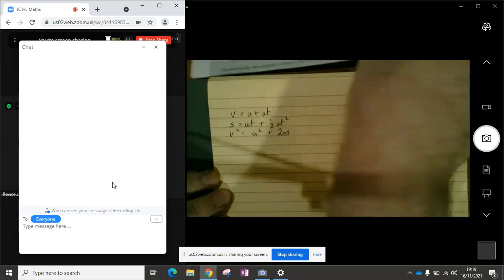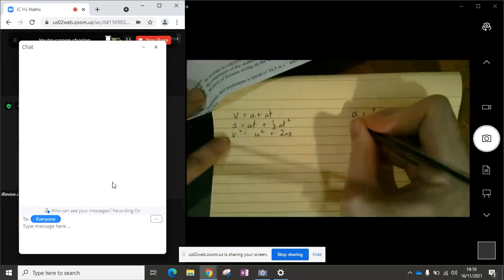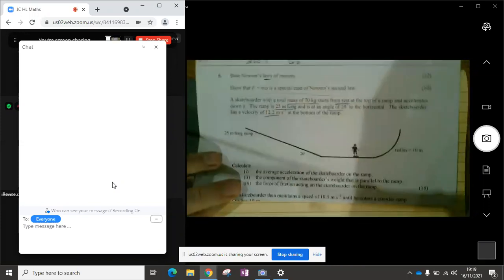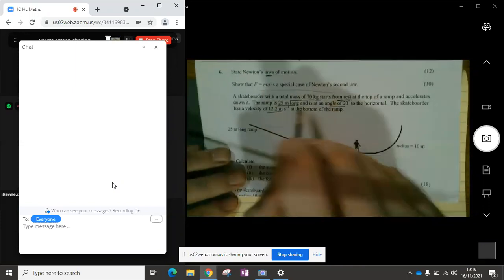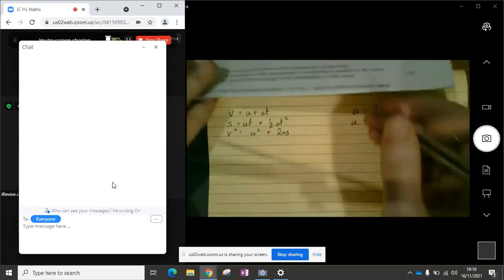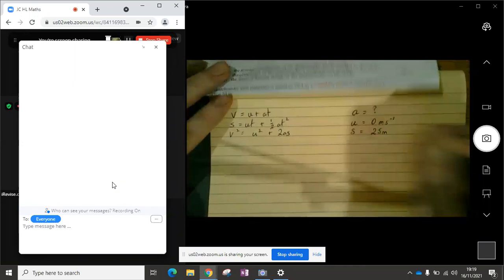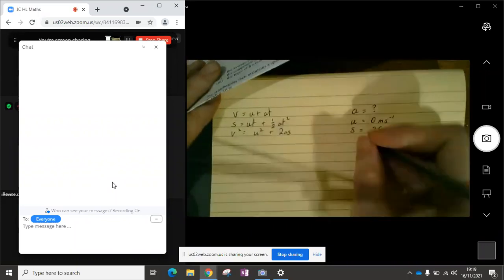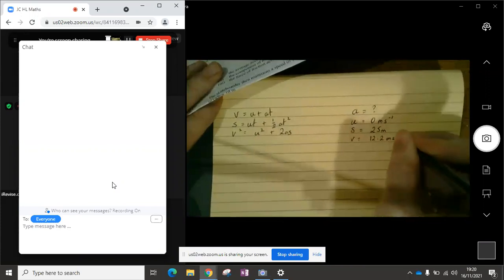Now, what else are we given in the question? We're told he starts from rest, so u is equal to 0 meters per second. We're told that the ramp is 25 meters long, so the displacement s is 25 meters. We're told his velocity at the bottom of the ramp, down here, v is 12.2 meters per second.